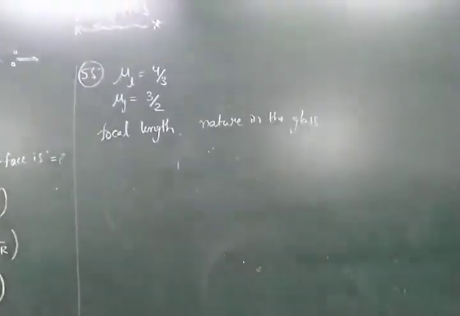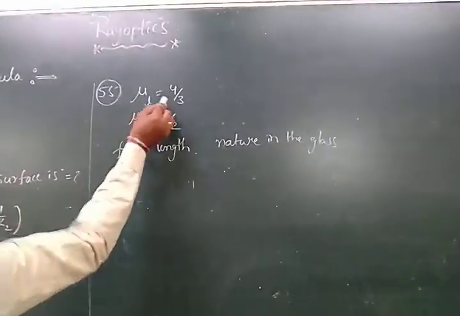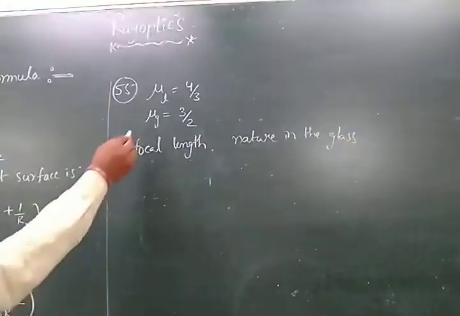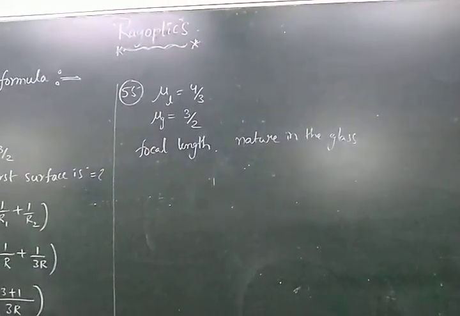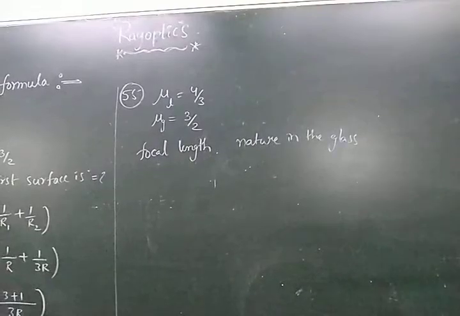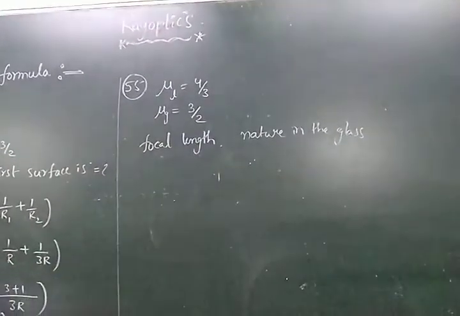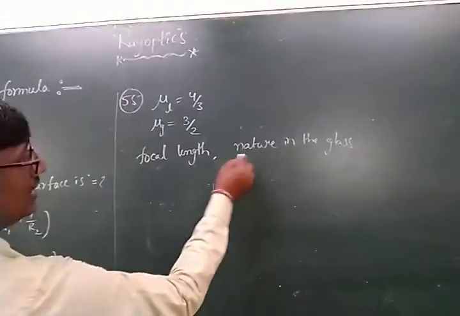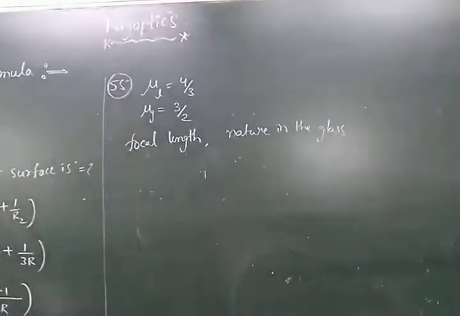See here, the refractive index of the liquid is 4 by 3 and the refractive index of the glass is 3 by 2. Then we can find the focal length of the liquid lens in A, and also the nature of the glass, whether it is convex or concave.